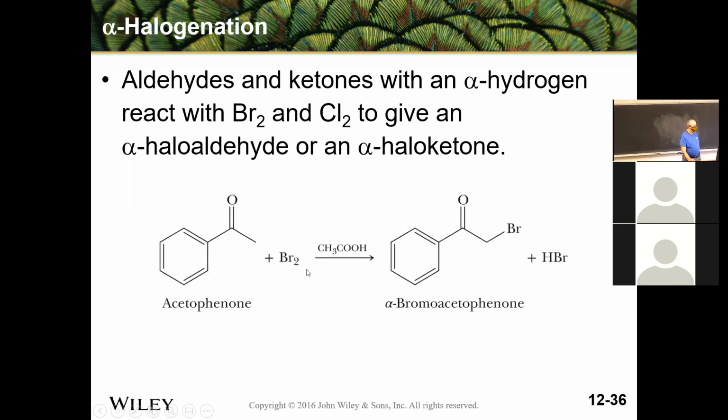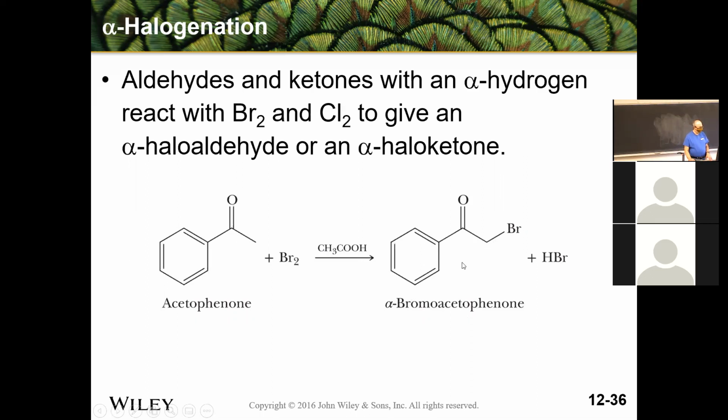So here, this is done in acid solution, and it turns out, because it is an acid solution, we only replace one of the hydrogens. We have a CH3 here. Alpha bromoacetophenone is the product.